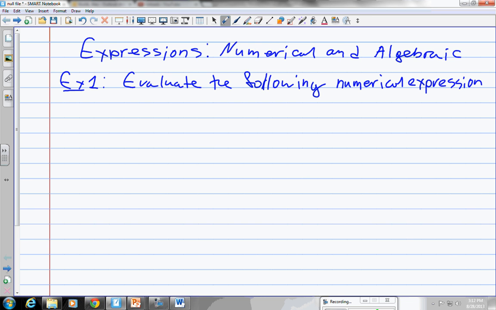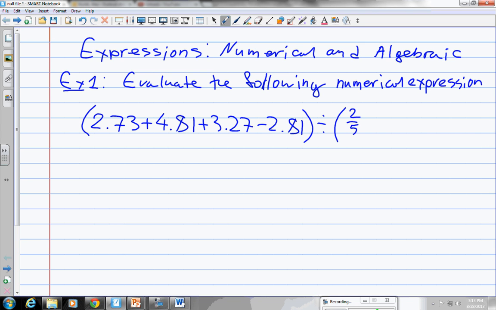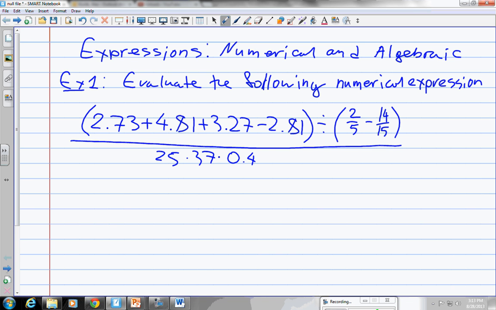So it is parenthesis 2.73 plus 4.81 plus 3.27 minus 2.81 close parenthesis, all divided by open parenthesis 2/5 minus 14/15, all divided by, not done yet, 25 times 37 times 0.4. And of course, no calculus. Okay? So let's talk about this.